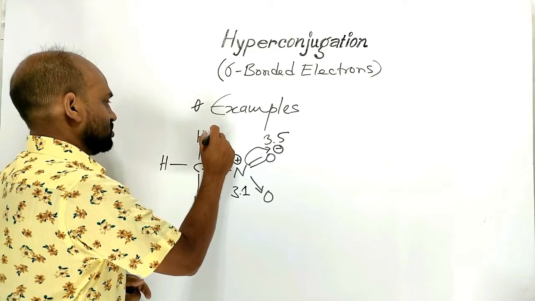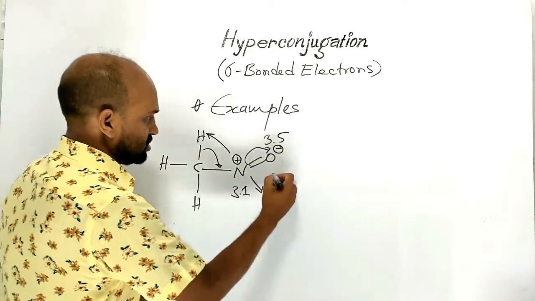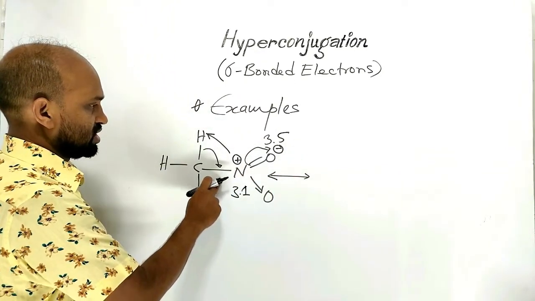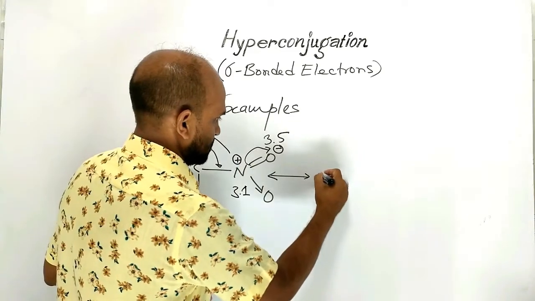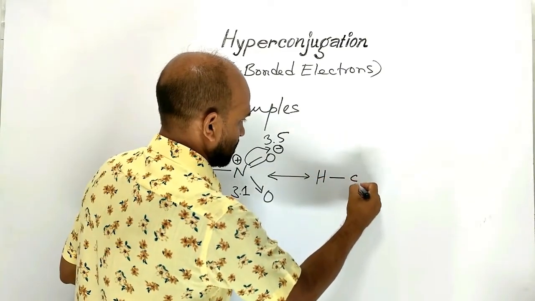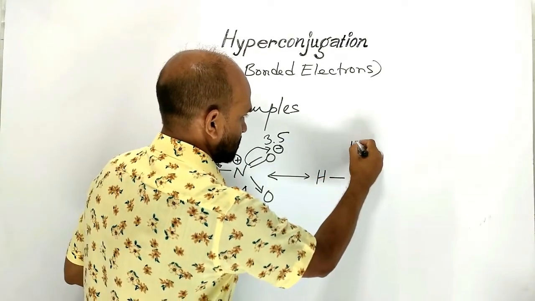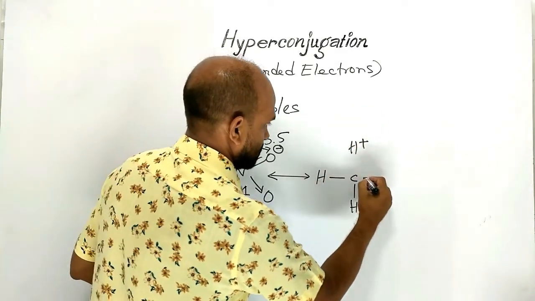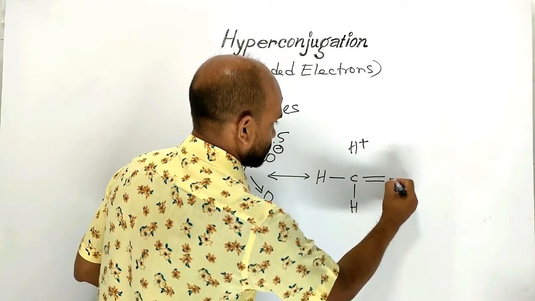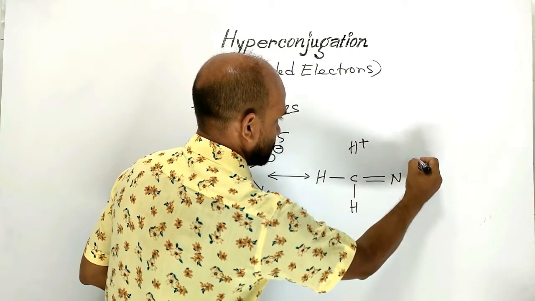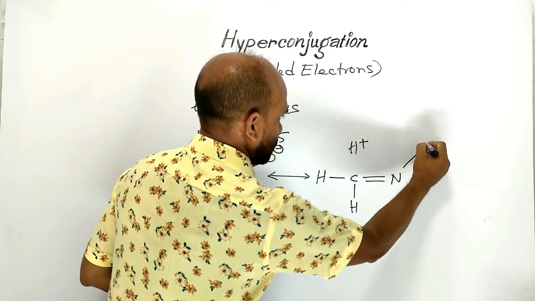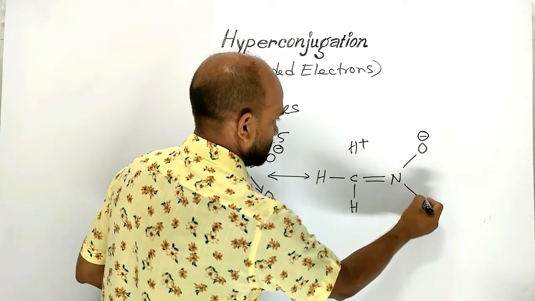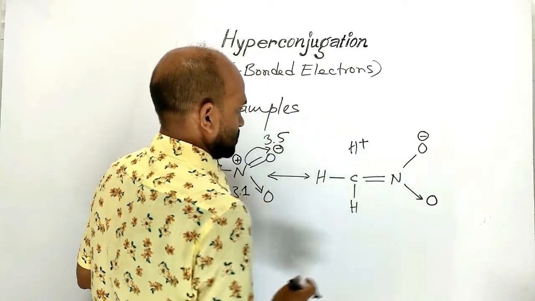The positive charge shifts to hydrogen. As a consequence, we get a resonance structure of nitromethane like this: H, C, H, with a proton with no bond, and a carbon-nitrogen double bond formed. This is a single bond, this is negatively charged, and here is the coordinate covalent bond.